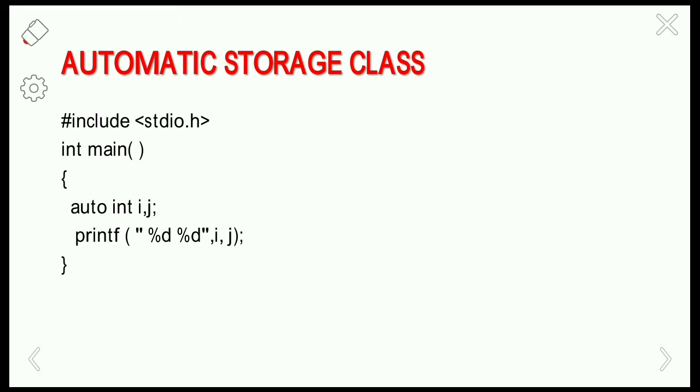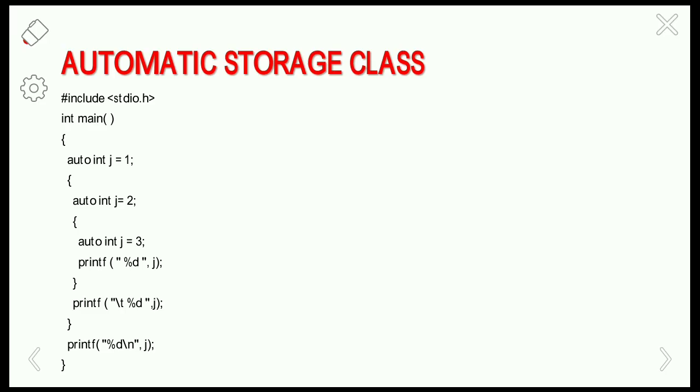To know the scope and lifetime of the automatic variables, let us see another example. In this program we have defined the header file and the program execution starts from main. Here a variable j equals 1 is given, with the automatic storage class and integer data type.